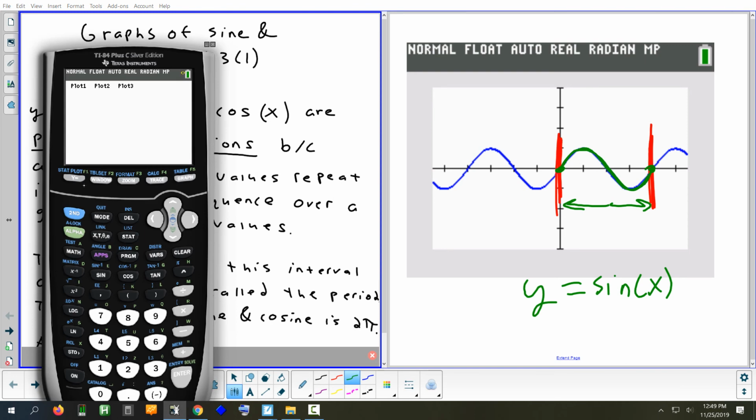Now, I didn't graph cosine at the same time, but if I did, you can see they're very similar. What's the difference, if you had to describe it in terms of a transformation? Yep, 1 unit to the left. Yeah, it's a translation by 1 tick mark. We don't know how much 1 tick mark is on a trig zoom.